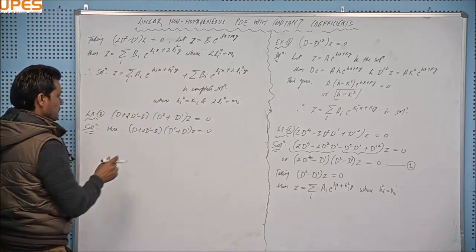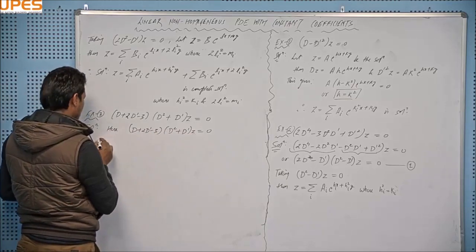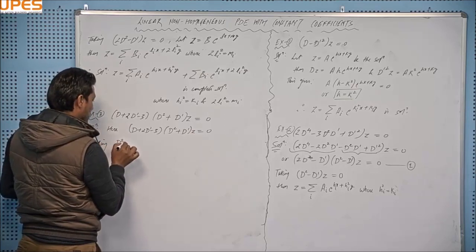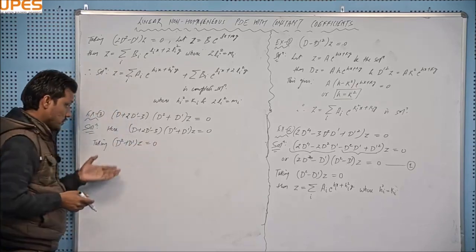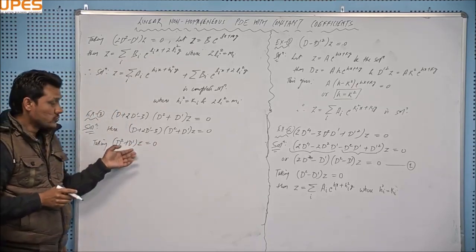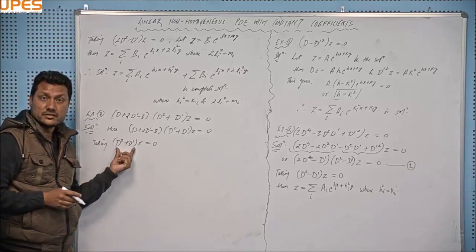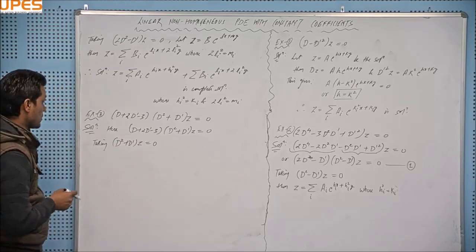First, writing the solution for this factor. Taking D square plus D dash z is equal to 0, and since we know that it is non-homogeneous and non-factorizable as a product of linear factors, you cannot factorize it, so you have to rely on the solution e to the power hx plus ky.